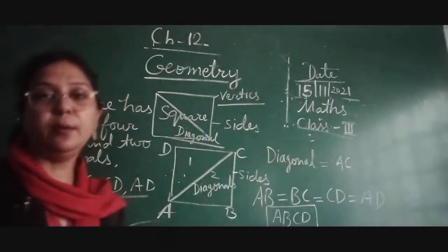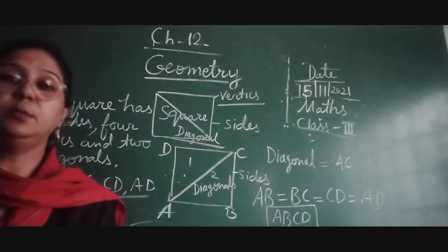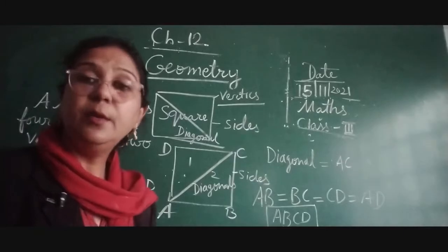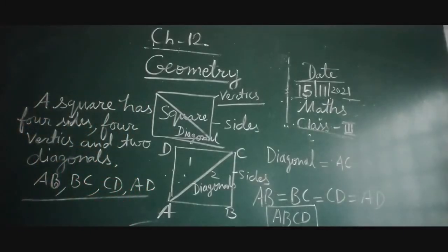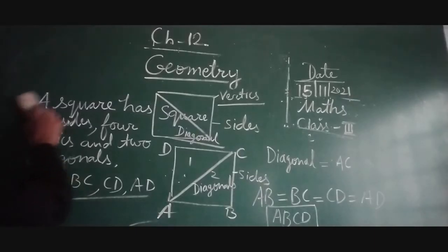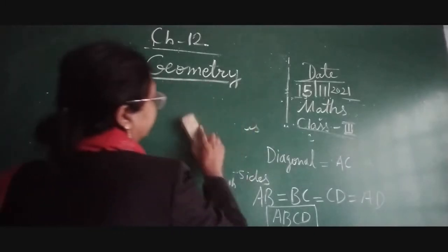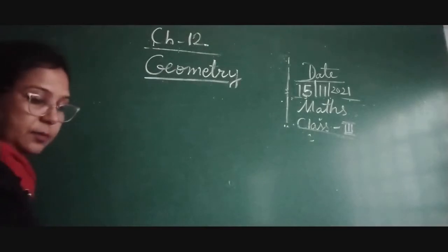This is square. Okay children, so this is square, and now we are going to study about rectangle. Okay children, so complete it or draw this in your copy. Now children, after that we are going to start our next geometrical figure, which is rectangle.